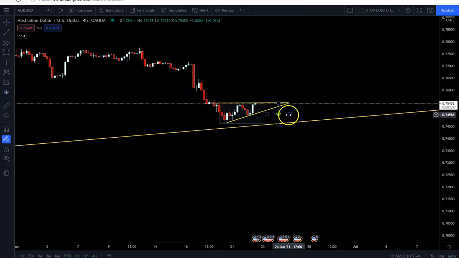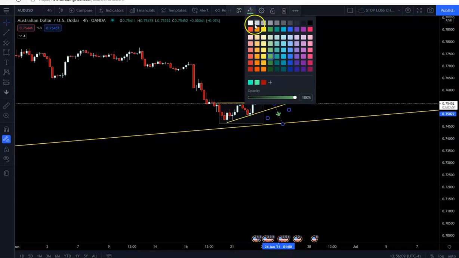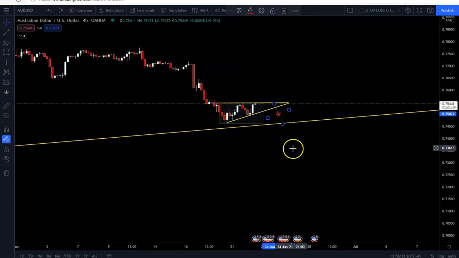It's easy to make mistakes, so make sure you know which direction the pattern is going. We're going to make that red, because usually with a bearish pennant, it goes downward.